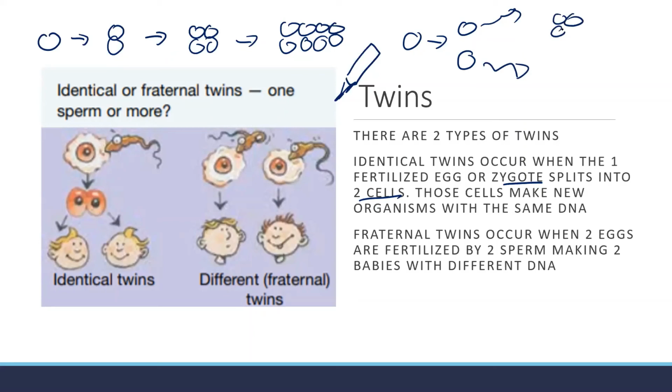One of them makes 1 baby, and one of them makes another baby, and that's how you end up with identical twins. The trick is that those cells make new organisms with the same DNA. Think about it. There was only ever 1 egg and 1 sperm, so there's one type of DNA.